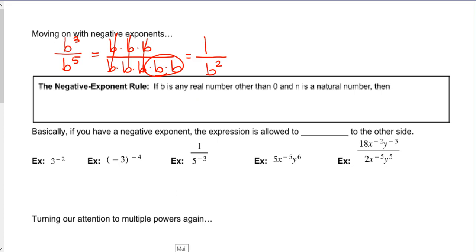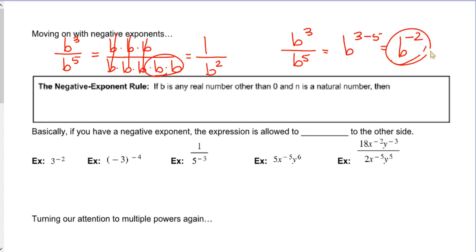So I can prove to you that is equal, but I can also look at b to the 3rd over b to the 5th, and what did we say? By our law of exponents, if I have two bases that are the same, I can subtract those exponents when dividing. So if I do b to the 3 minus 5, this gives me b to the, well, 3 minus 5 is a negative 2.